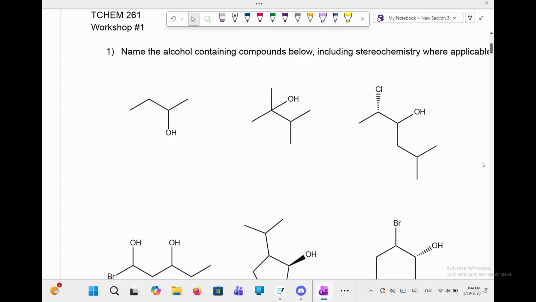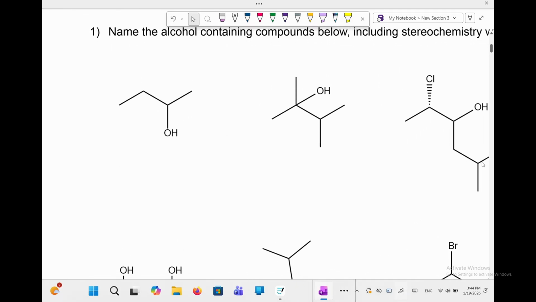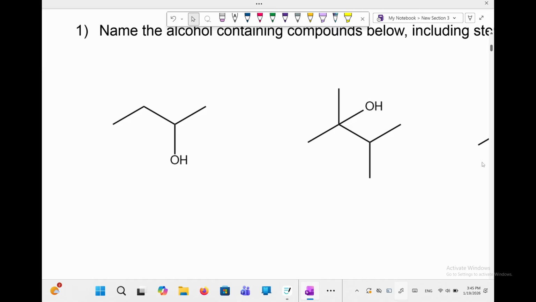It's very similar to how you would name an alkane, but now we're going to treat the alcohol as the priority instead of the alkane. What I mean by that is, let's start off with this one. We're going to number it 1, 2, 3, 4.